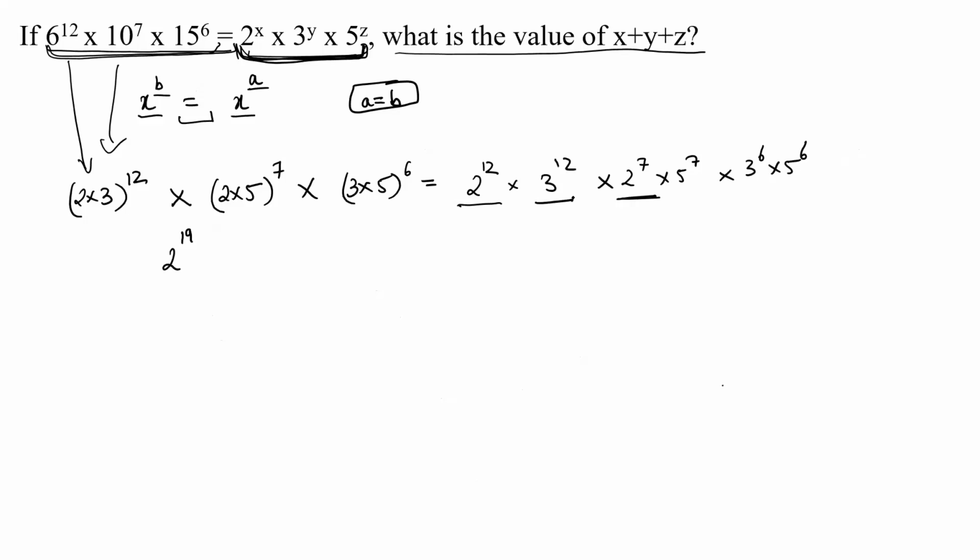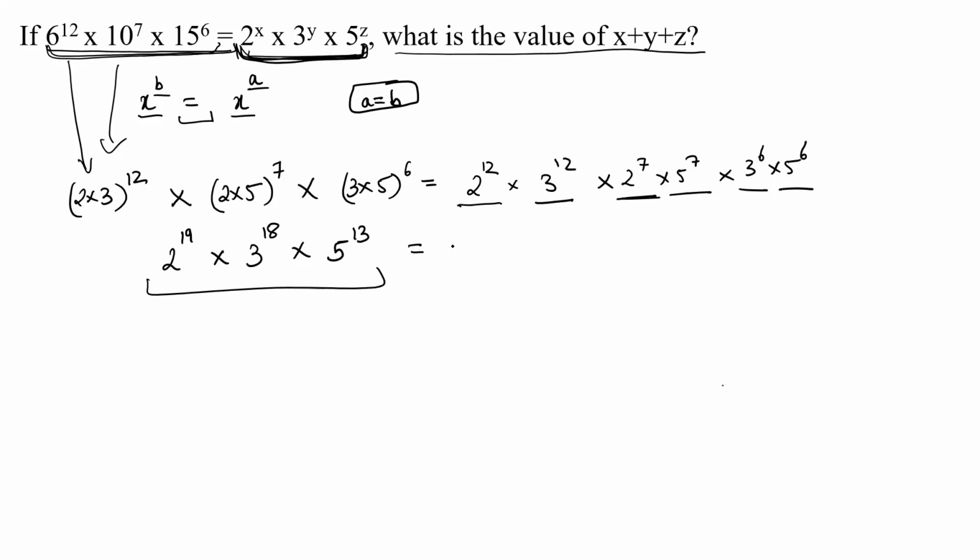Then you have 3 raised to power 12 into 3 raised to power 6, which is 3 raised to power 12 plus 6, which is 18. Then you have 5 raised to power 7 into 5 raised to power 6, which is 5 raised to power 7 plus 6, which is 13. So basically this is what you have.